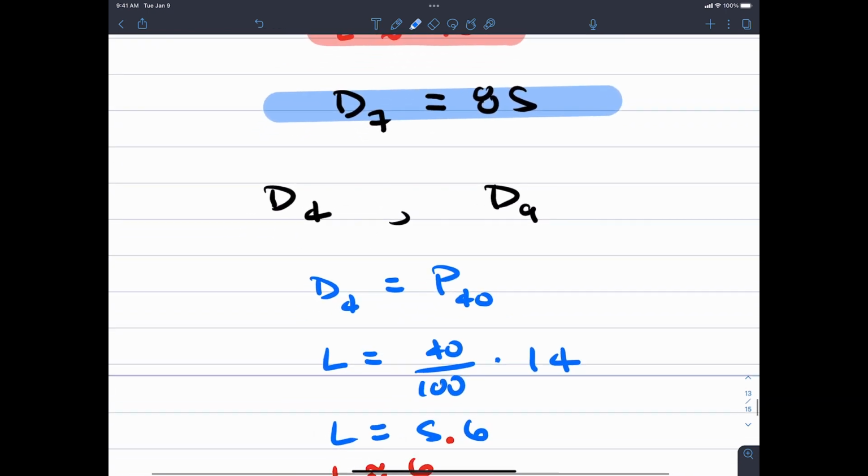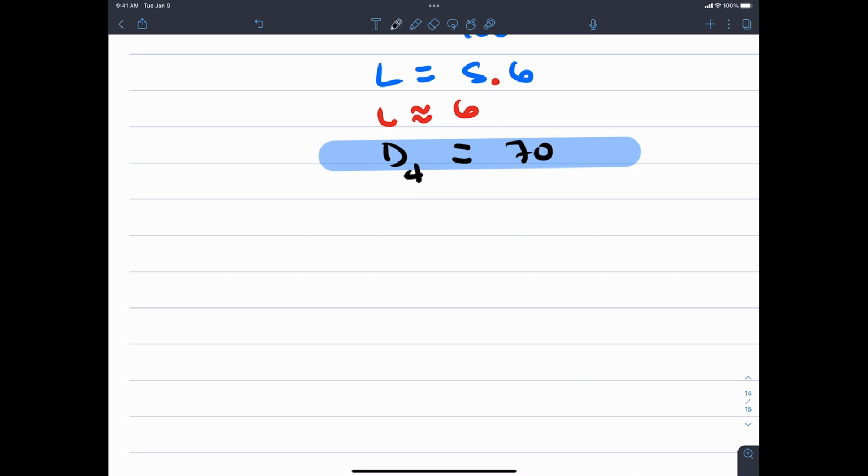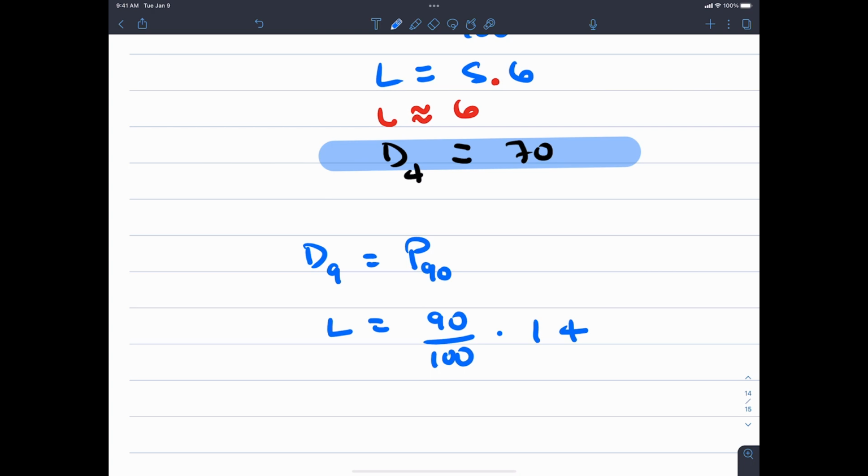Oh my gosh. What's next? D9? Okay. What's the definition of D9? It's P90. What's my locator? 90 over 100 times the sample size. What's the sample size again? 14.